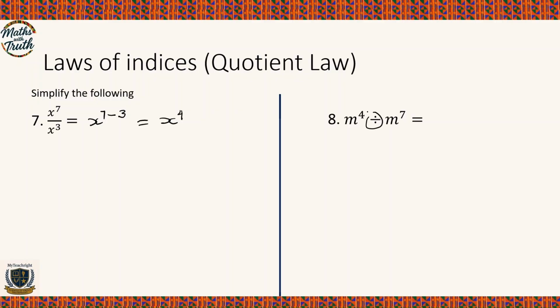Now this division sign can also be used. Okay, this is then the dividend and this is the divisor, which then means that you can write this as m exponent 4 divided by m exponent 7, which is equal to m exponent the index of the numerator minus the index of the denominator, which then gives you m exponent negative 3.